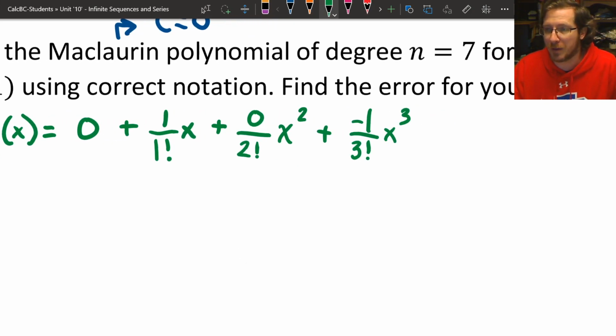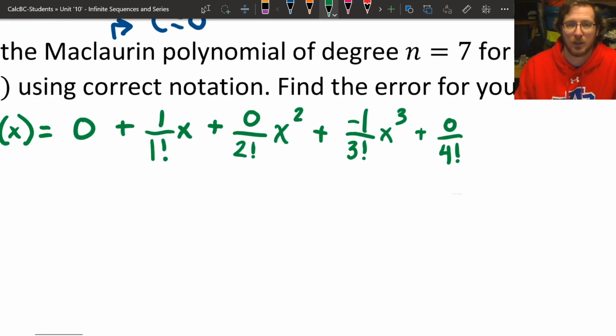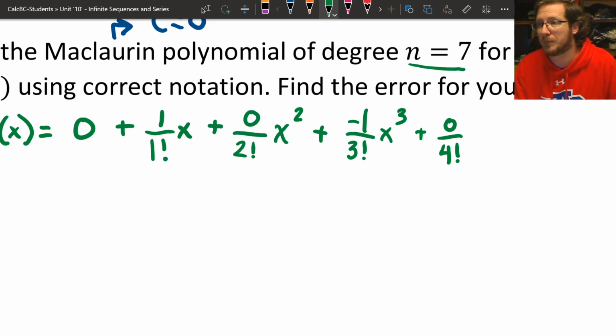Keeping going on with our list, next one is 0 over 4 factorial. And again, this is n equals 0, n equals 1, n equals 2, n equals 3, n equals 4, and so on. We're going out to n equals 7. Oops, forgot my x here.